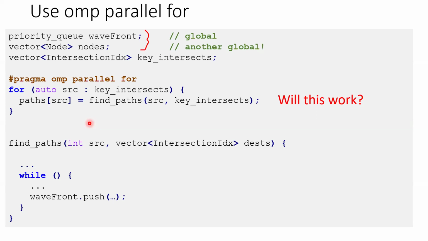Yes. So the largest problem with multi-threading is that we don't want multiple threads to write to the same location. If you are pushing into a global variable at the same time, it can cause problems.